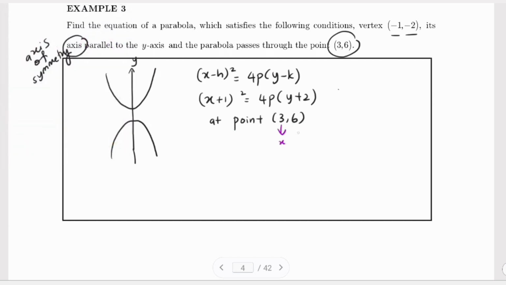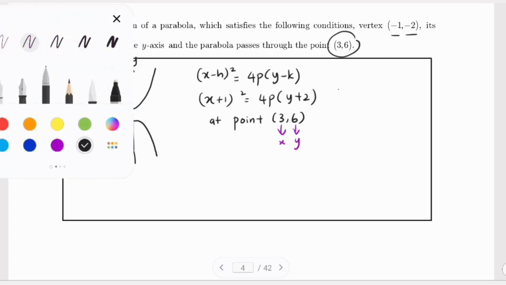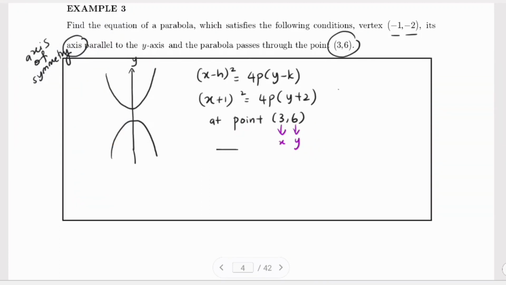So 3 is the value of x and 6 is the value of y. So that will be (3 plus 1) squared equals 4p (6 plus 2). So 16 equals 4p times 8. So 16 equals 32p. So your p will be 1 over 2.